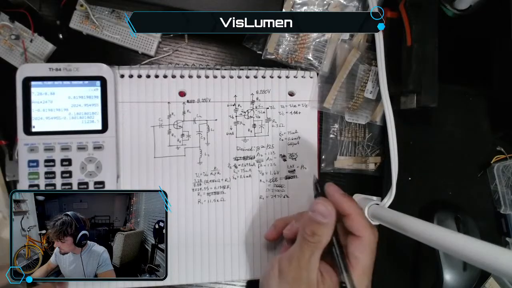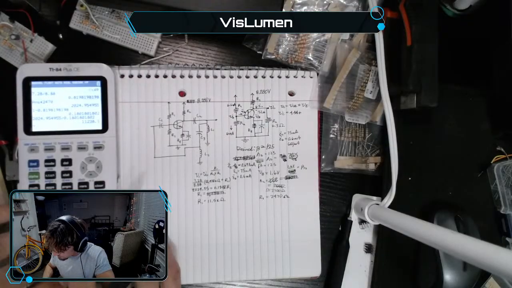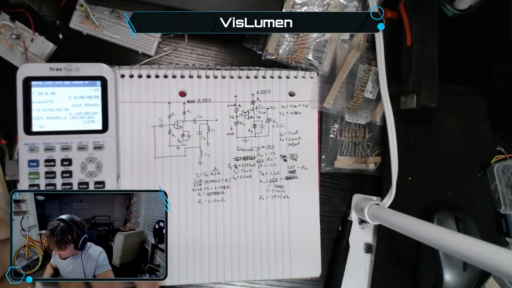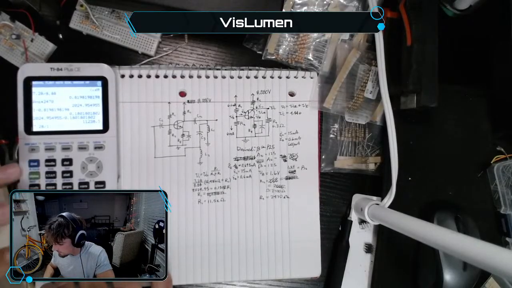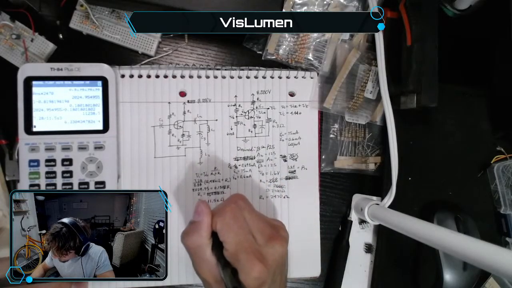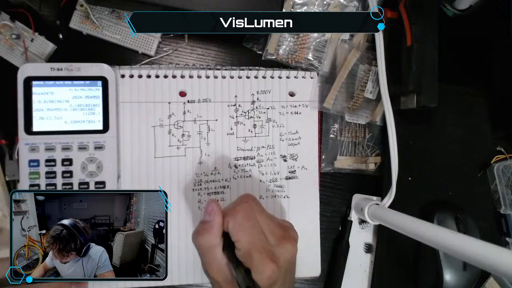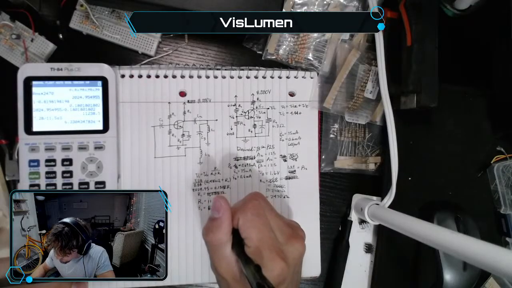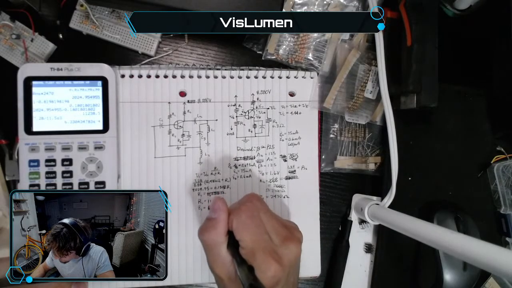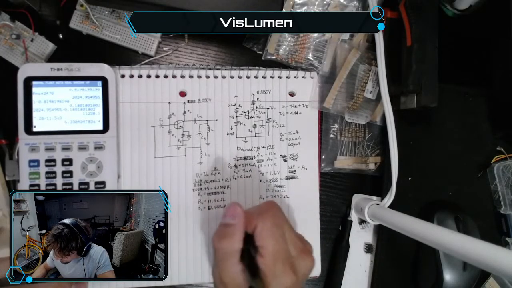So now, for a third time, we can really solve for IB, because 7.28 divided by 11.5 E3, sure. So I1 equals, yeah, no, that's accurate, 0.633 milliamps.